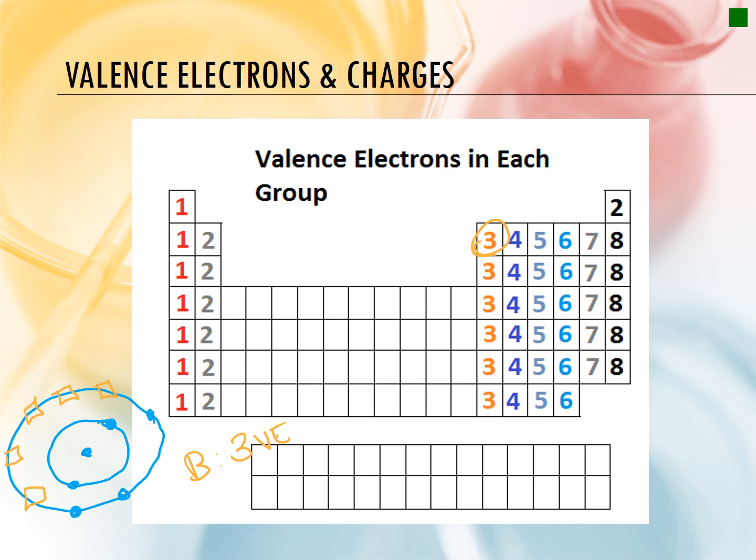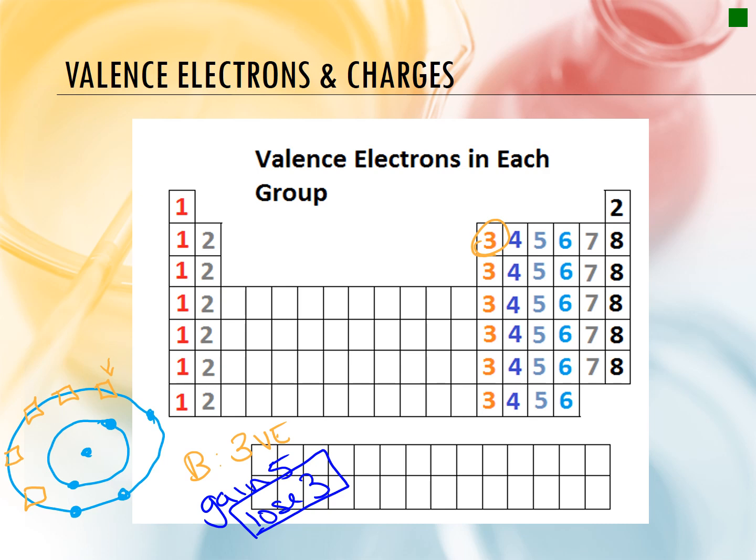So it can either fill in these 5 little openings, or it loses its 3. So it can either gain 5 or lose 3. Which one is it going to choose? It is going to choose to lose 3. Why? Because it is going to choose the path of least resistance. Losing 3 is easier than gaining 5.